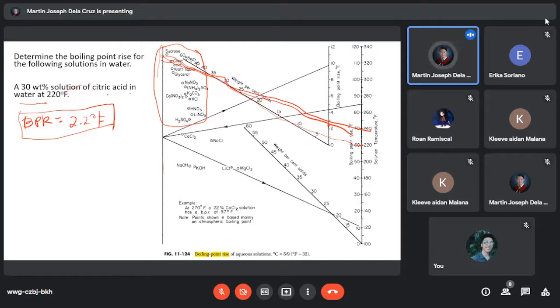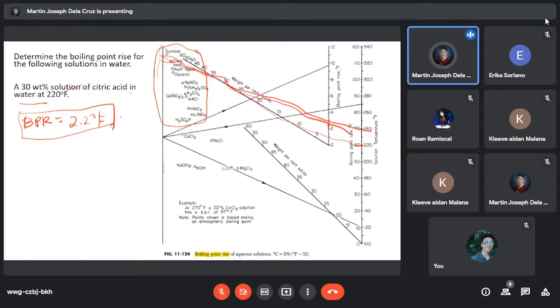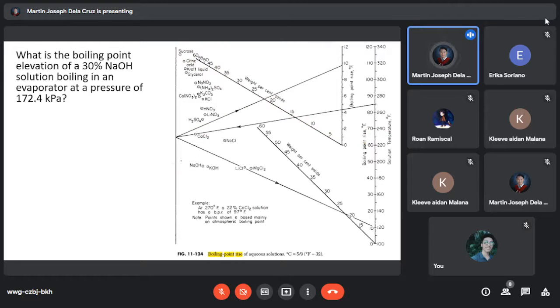Dito class, dito na tayo mag-assume ng boiling point rise, to get the real boiling point rise. So, what is the boiling point elevation? So, practice nyo na lang to class if you get 2.2 or 2.1 or 2.3. Okay? So, mag-scale na lang kayo dyan. But, dapat above 2 talaga yung makukuha nyo. Medyo above lang. Okay? So, practice nyo na lang.